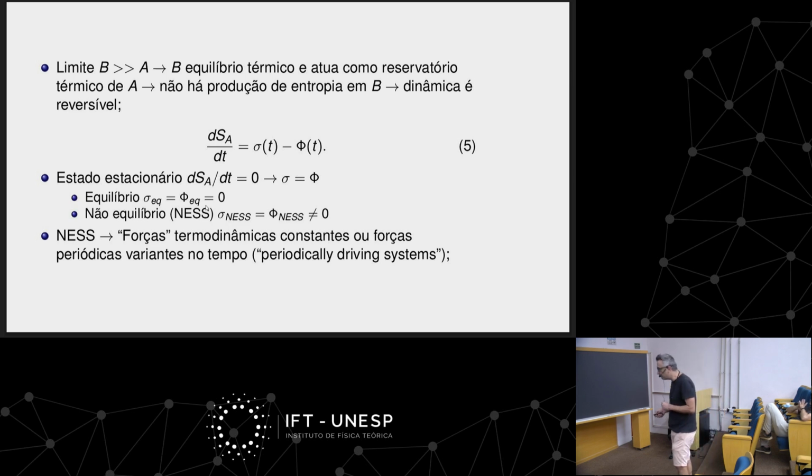So the macroscopic description I've just introduced provides a first idea about reversible and irreversible processes. A reversible process does not produce entropy in the steady state. On the other hand, an irreversible process produces a positive entropy production in the steady state. In the next slides, I will derive this equation, but from a stochastic description, okay?